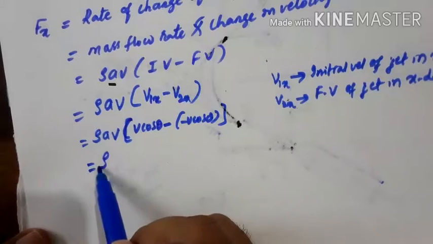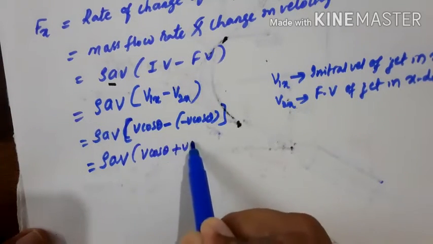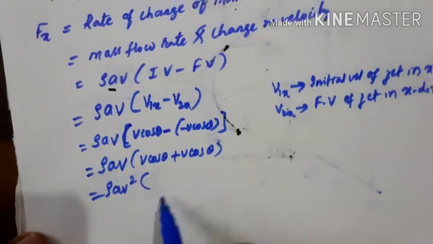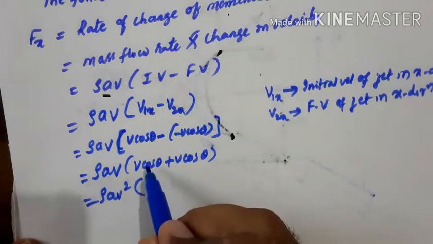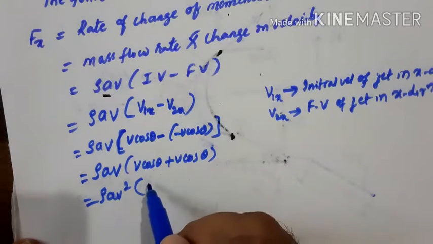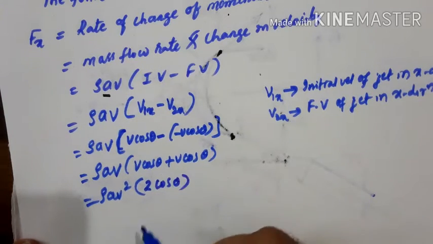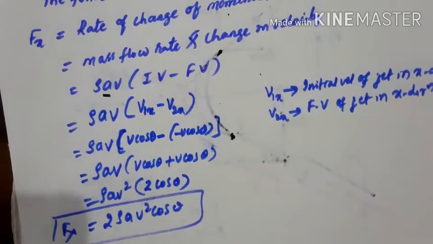Simplifying, rho a v times v cos theta plus v cos theta. Taking v out, rho a v square, and v cos theta plus v cos theta becomes 2 cos theta. Finally the answer is 2 rho a v square cos theta. This is Fx, the force exerted by the jet in the x direction.